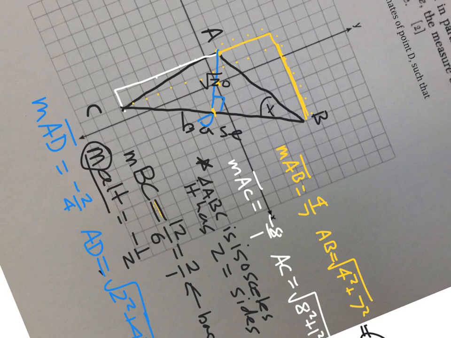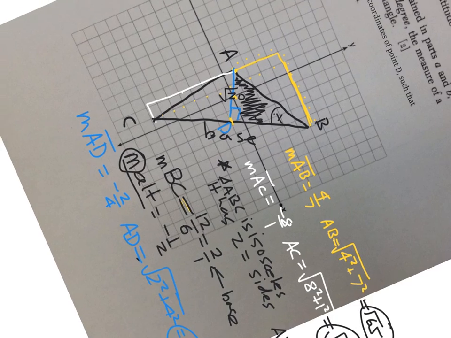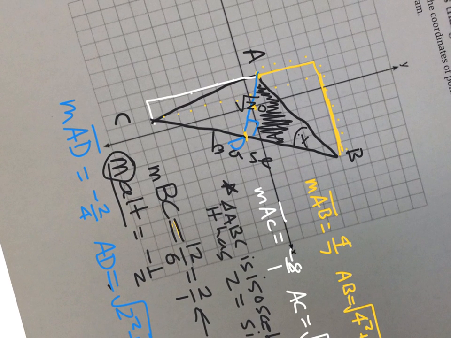And to do that, I'm going to need to know 2 of the sides in this triangle. I know one of the sides is radical 20. I also know the length of AB was radical 65. I can take those 2 measurements and use SOHCAHTOA with those.